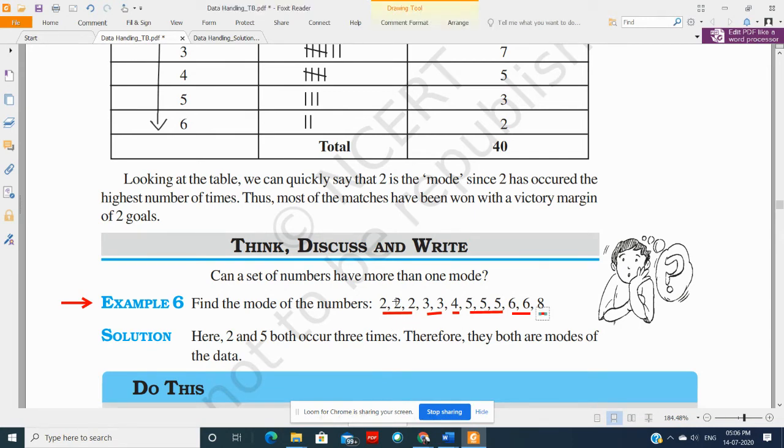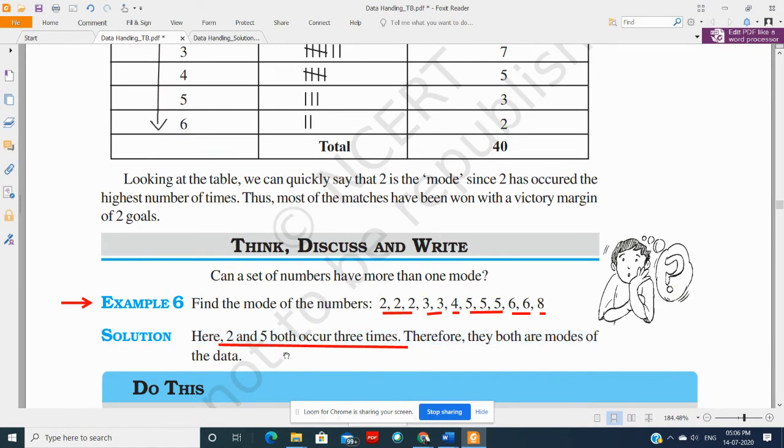Now you can see that 2 and 5 are both occurring 3 times. Okay, these both are occurring 3 times. So can we say they both are our mode? Yes, of course. So they both are modes of the data.